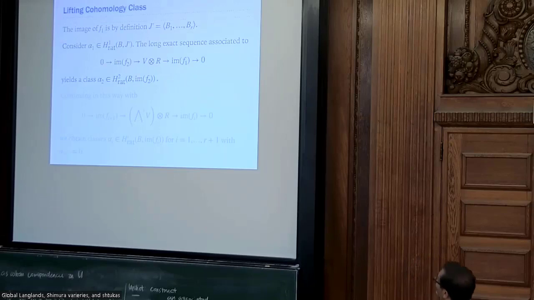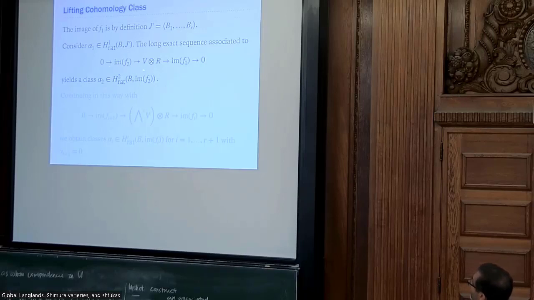So okay, the image of this map F1, the last term of the Koszul complex, is the ideal generated by the Bi's. And so we had a class in H1 of Bj prime, so we can view that as H1 of the image of F1. Then you have a short exact sequence by the exactness of the sequence: the kernel of F1 is the image of F2.